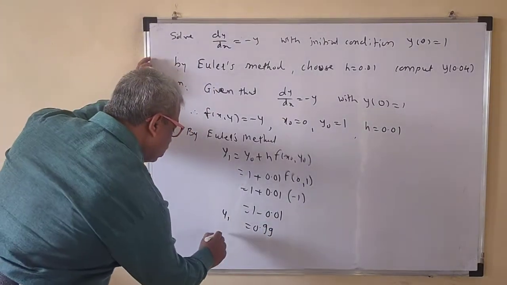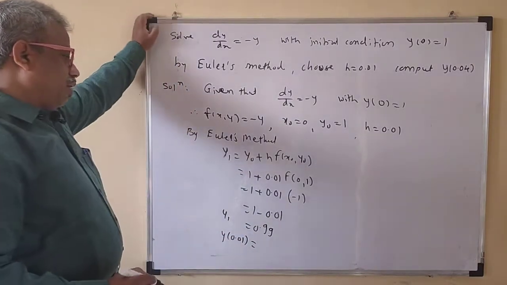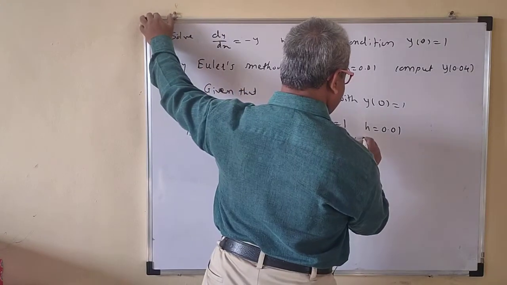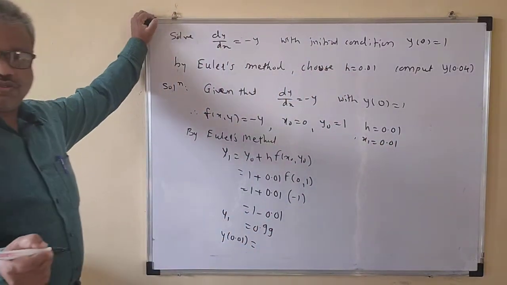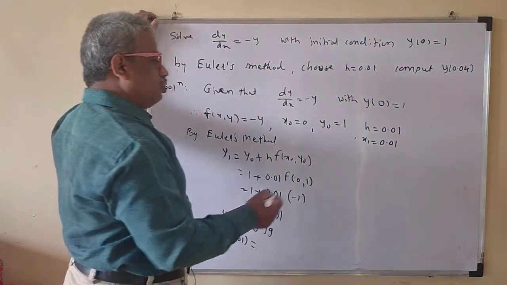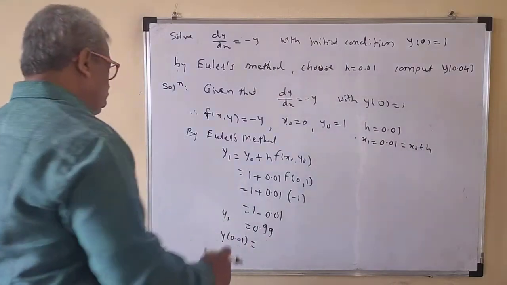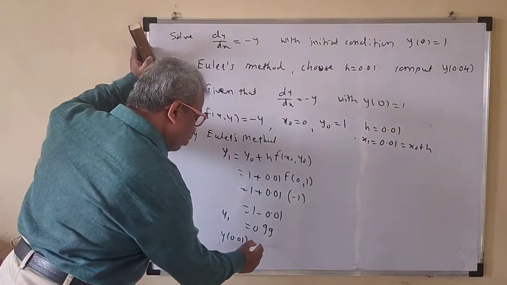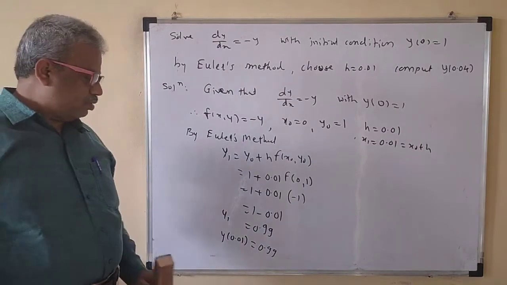Y1 means y of 0.01, because x1 is equal to x0 plus h. So this value is the value at 0.01.